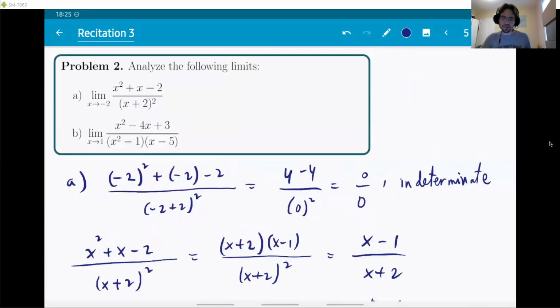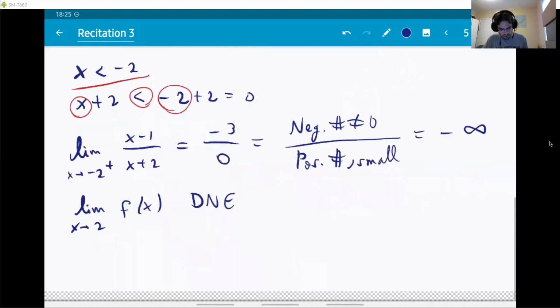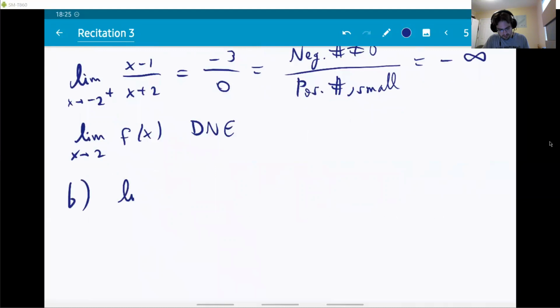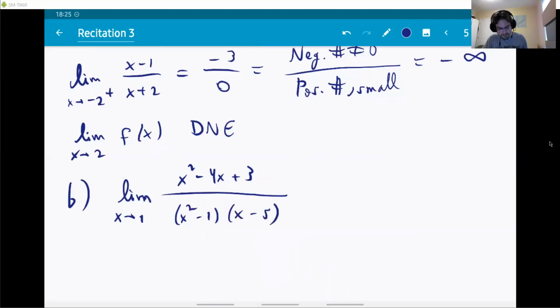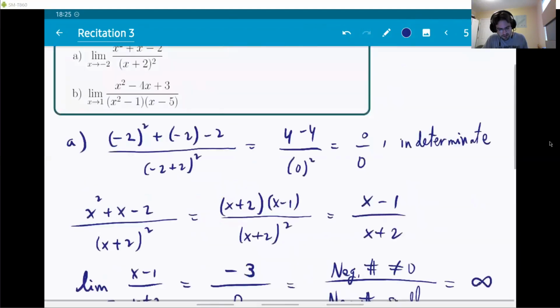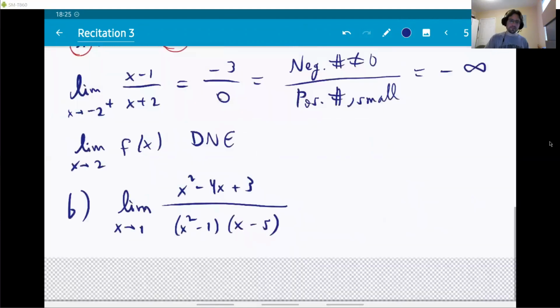B is a similar one, just different functions and different number. So let's see that. x squared minus 4x plus 3 divided by x squared minus 1 over x minus 5. Yes.